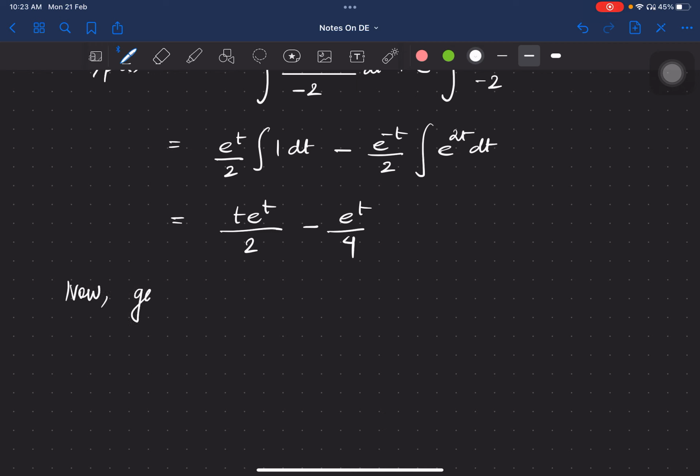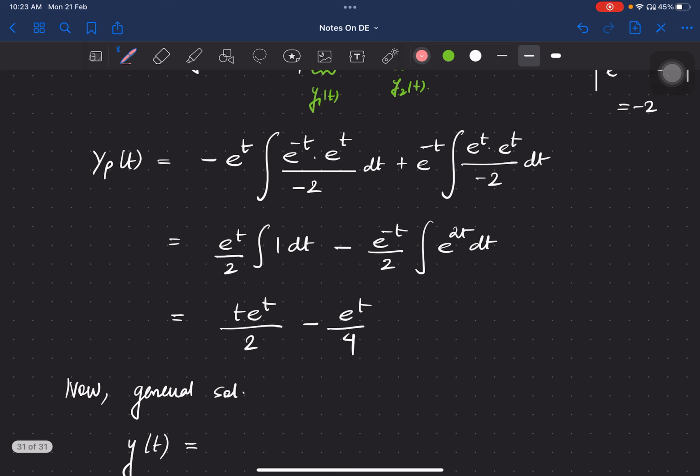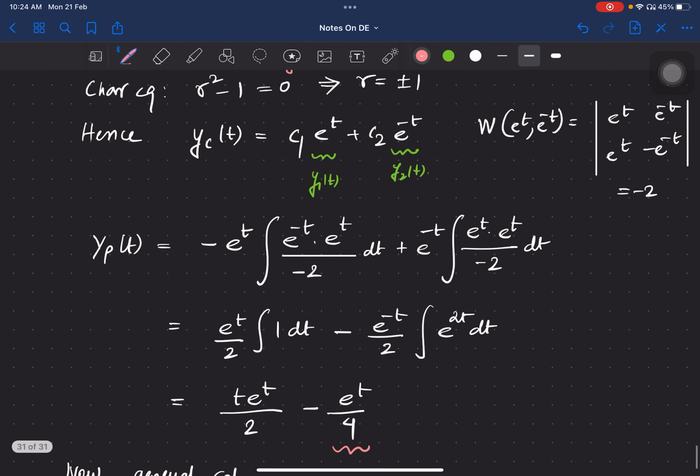Now the general solution is y of t. Observe one thing: this e power t by 4 is some coefficient times e power t, so that is already a part of yc(t), the solution for the homogeneous part.